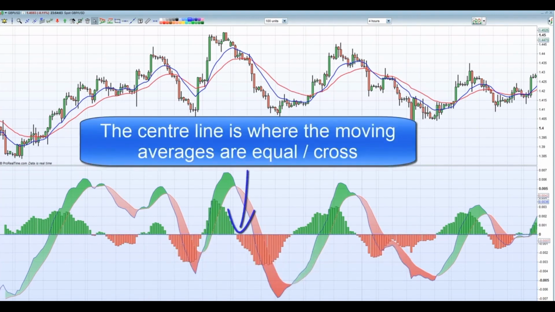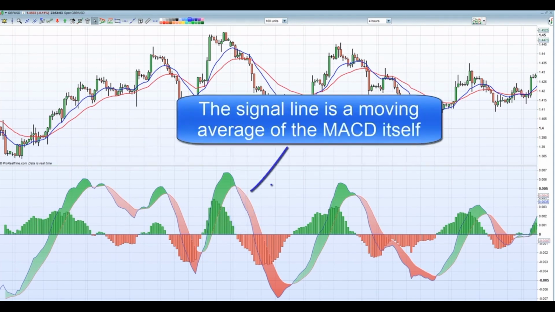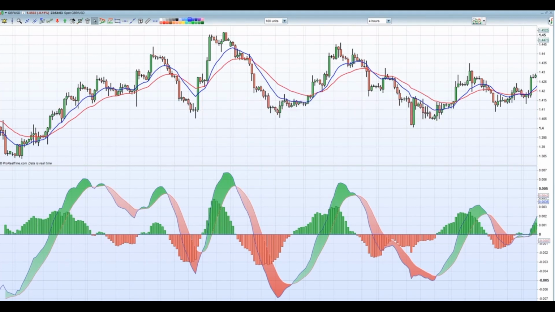The center line, of which the MACD is plotted around, indicates where the moving averages are equal, and when the MACD passes through the center line, this indicates the moving average is crossing. The signal line, here in red, is a moving average of the MACD values themselves. Typical values for the MACD are 26 and 12 exponential moving averages, and 9 for the signal line.